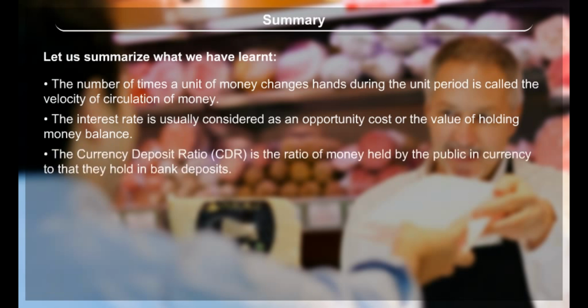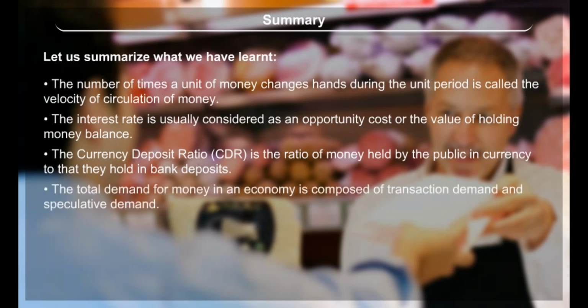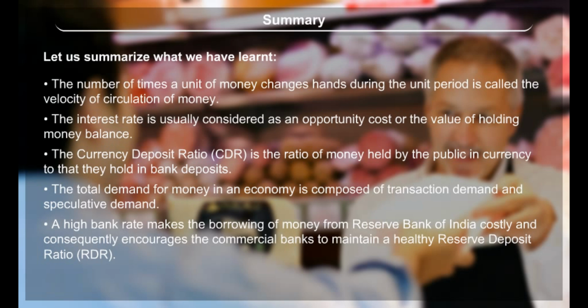The currency deposit ratio, or CDR, is the ratio of money held by the public in currency to that they hold in bank deposits. The total demand for money in an economy is composed of transaction demand and speculative demand. A high bank rate makes borrowing money from the Reserve Bank of India costly and consequently encourages the commercial banks to maintain a healthy reserve deposit ratio, RDR.